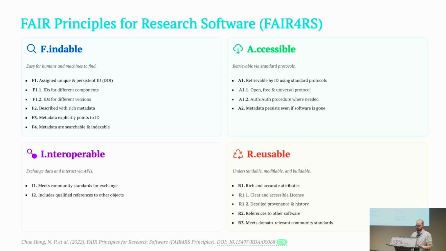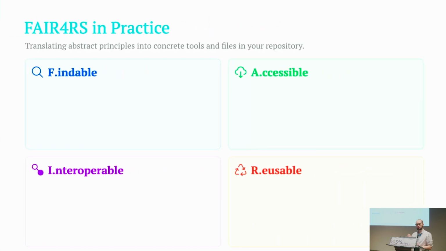So these are the principles, and we'll see now how they can really apply in practice, what it means. So for the unique identifiers, we have mainly two big frameworks that I will show, Zenodo and Software Heritage, that will provide you this DOI or Software Heritage ID.